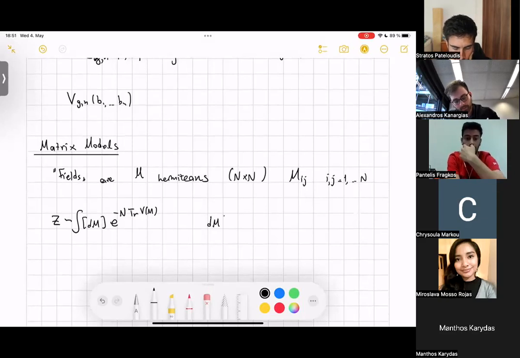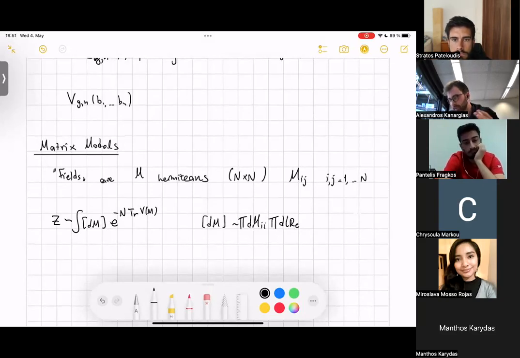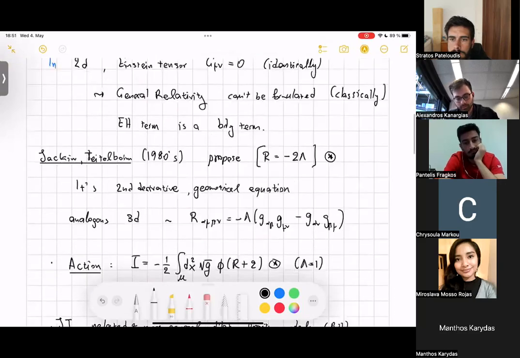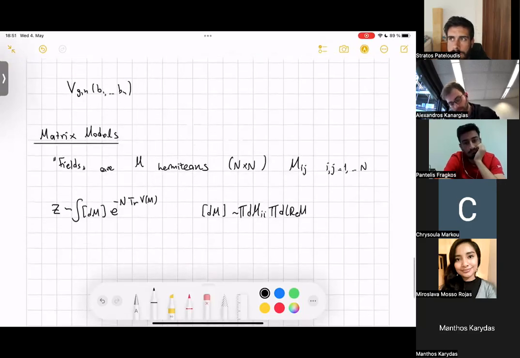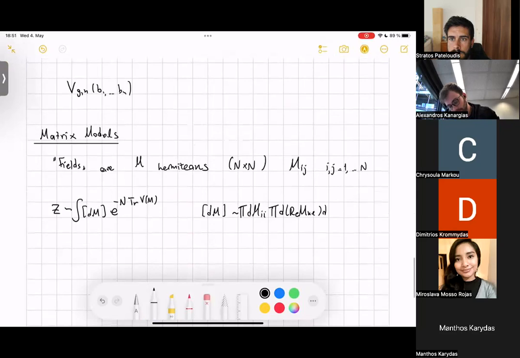So this dM roughly means that I'm integrating over all the diagonal values and all the real parts and the imaginary parts of this matrix.